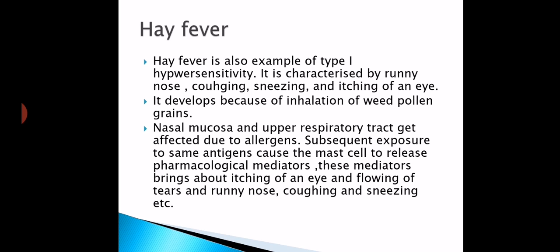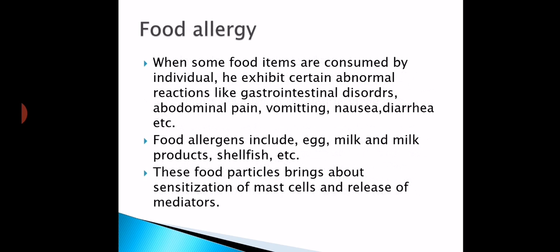And whenever the person comes in contact with weed pollen grains for the second time, the first time the mast cell gets sensitized. When the person comes in contact with the weed pollen grains for the second time, there is a release of mediators by the mast cell after degranulation. And these mediators bring about itching of the eye, flowing of tears, runny nose, sneezing and coughing, etc. So these typical symptoms are seen during hay fever.